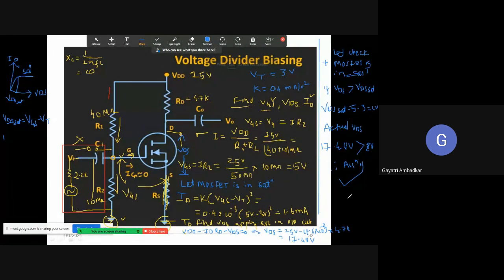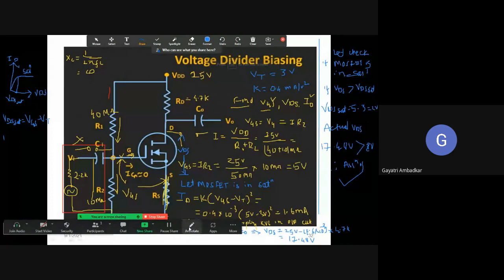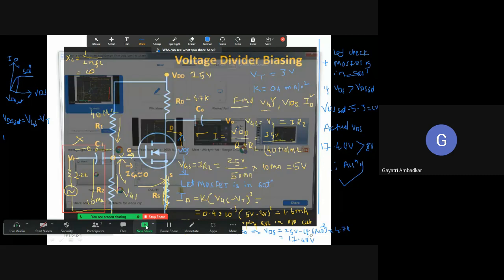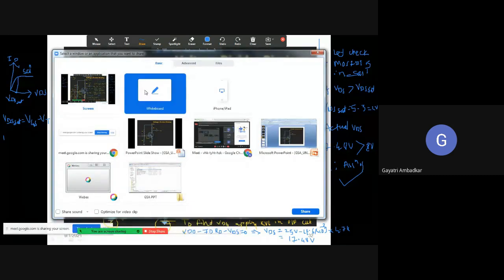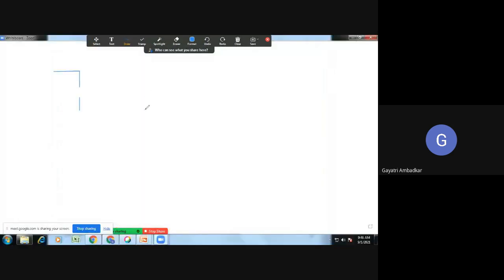So this way, you have to solve the problem based on DC analysis of the MOSFET. You have to find operating point. One more thing, let me tell you. I'll share a whiteboard with you. Once you find the operating VDS and ID, now you please tell me the value.